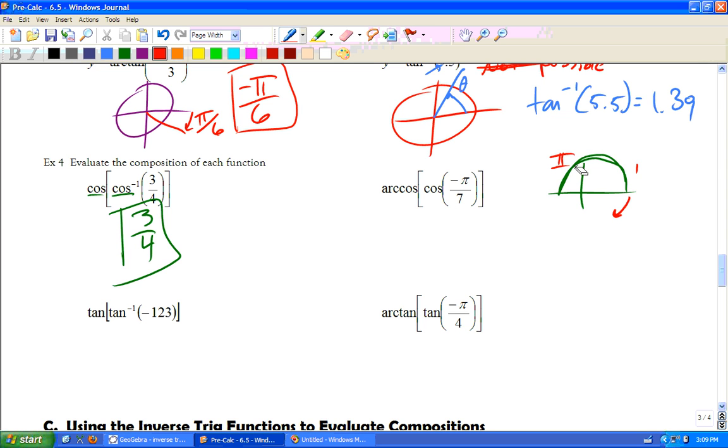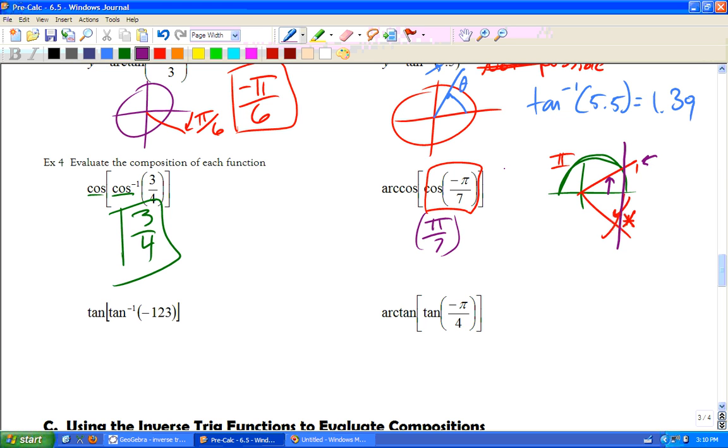What would end up happening is, the cosine of negative pi over 7 would come out to some positive x value, whatever it is. We'll just call that x. Then the arc cosine of x, the positive x value, would come back into quadrant 1, which would give you the reference angle. In other words, this would end up being positive pi over 7 if you were to type it in your calculator.